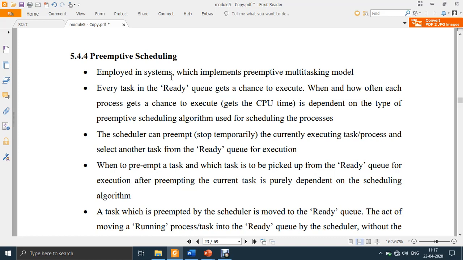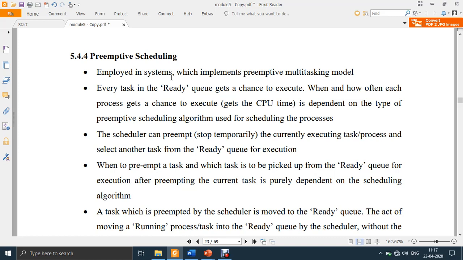Once you give the CPU, you can also take away the CPU, at any point of time. The scheduler can take away the CPU from the process or task at any given point of time. And this takeaway is forceful.